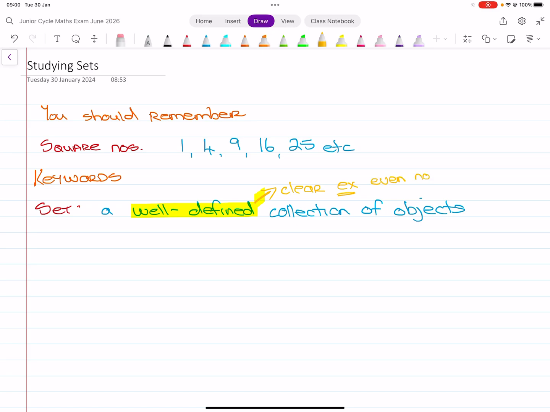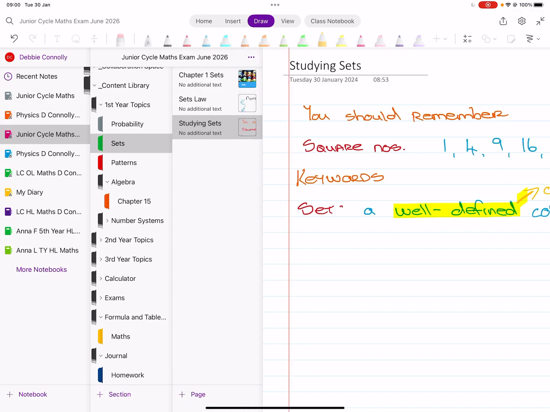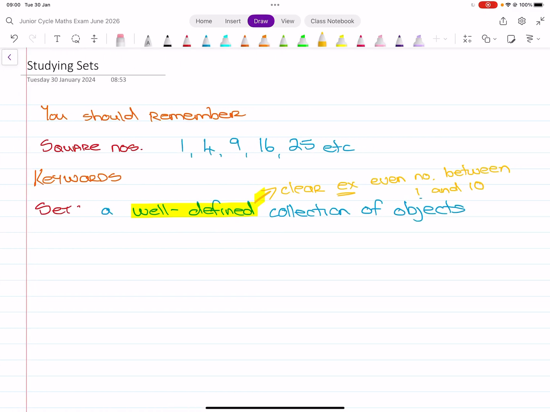Even numbers between 1 and 10. So that is a clear, defined set, whereas a not well-defined set would be, like, good websites, whatever. Okay, so make sure you write it down and then make sure that you understand it.